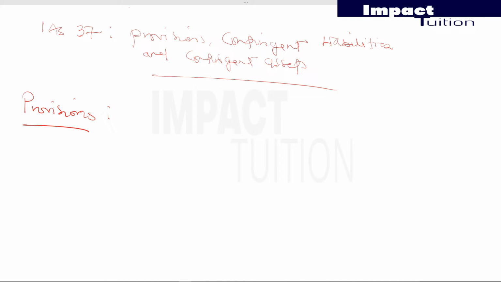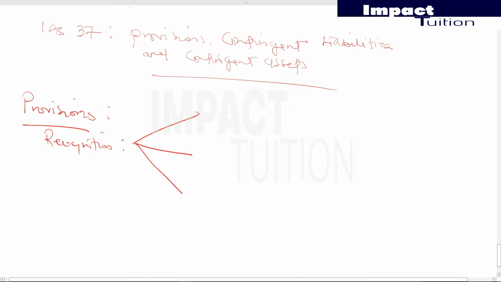Now, we've already defined what a provision is. So we continue with the recognition of provisions. An entity must recognize a provision if and only if three things are met. So for the recognition of provisions, we have three things that must be met. The first is that it must be a present obligation as a result of a past event.